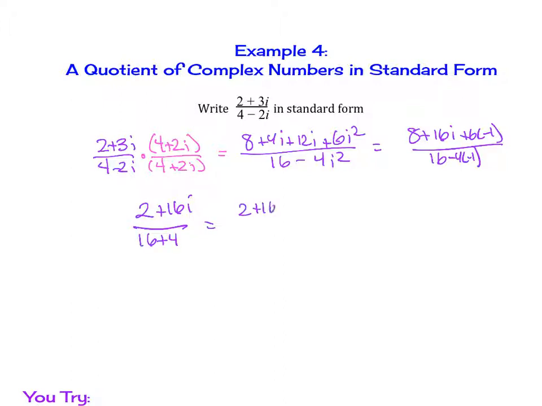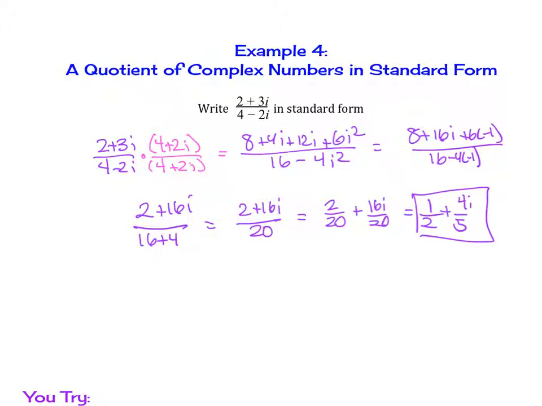So 2 plus 16i is over 20. Then we need to split it up. So this is 2 over 20 plus 16i over 20. And 2 over 20 we know is 1 over 10, plus 4 goes into 16 4 times, and 4 goes into 20 5 times. So this is how you write it in standard form.